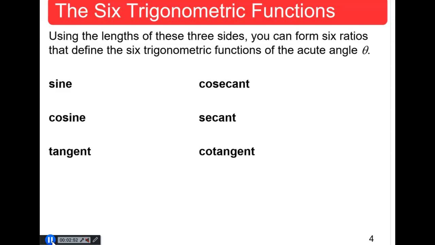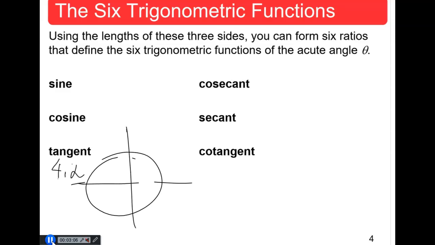And so just to remind you, in section 4.2, we were using the unit circle, and for example, here that angle will be pi over 4 radians.